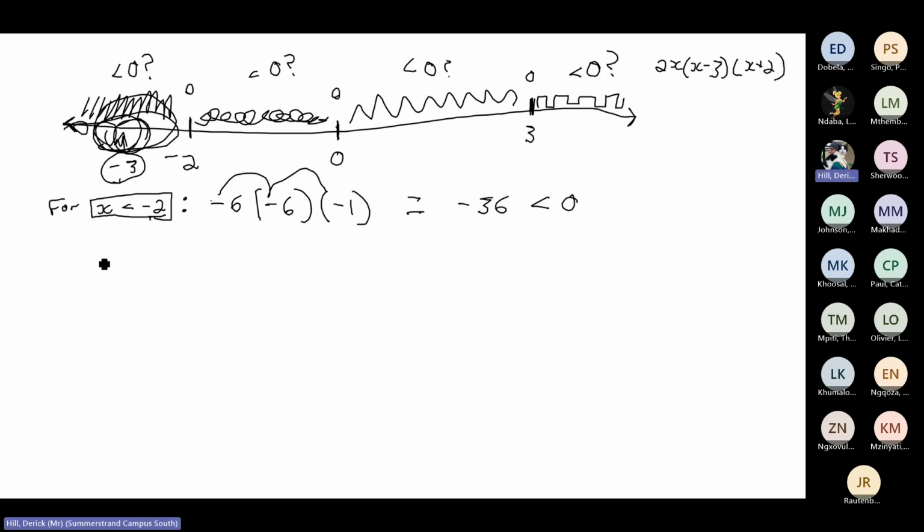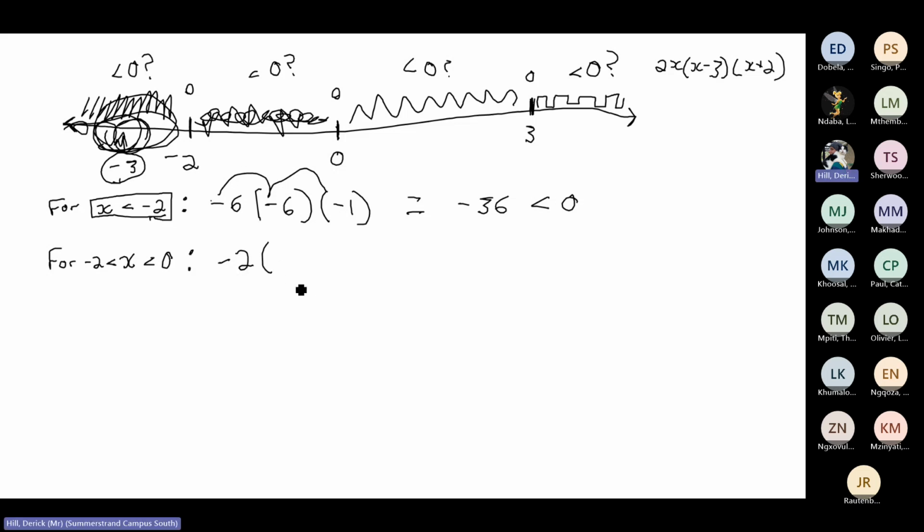Then for x greater than minus 2, but less than 0, so that's this interval over here, let's choose minus 1. So plug in minus 1 to my equation, I get minus 2.